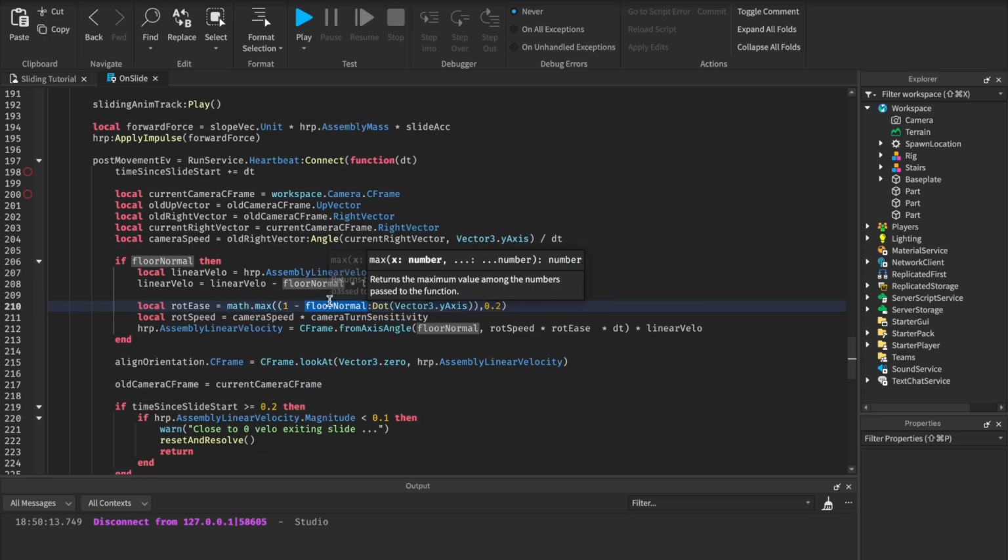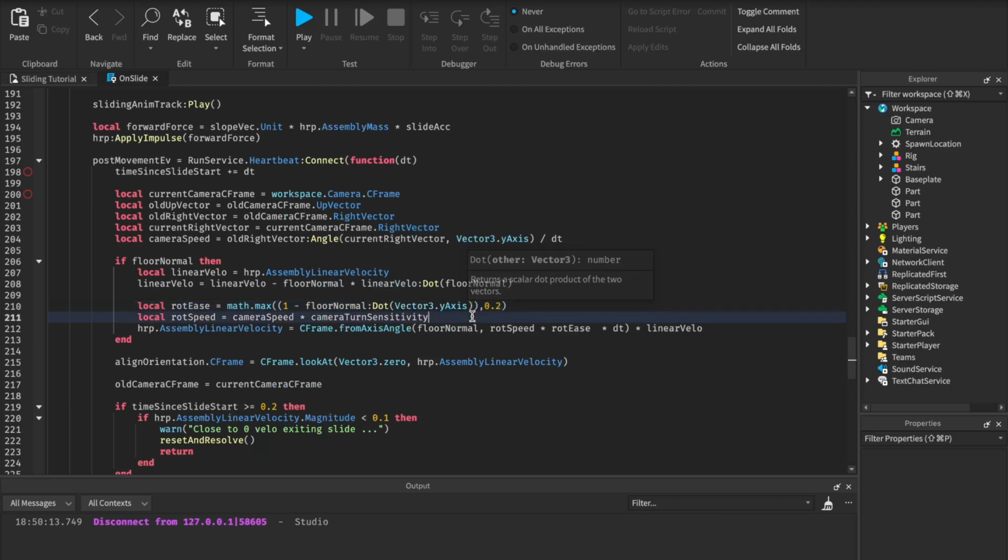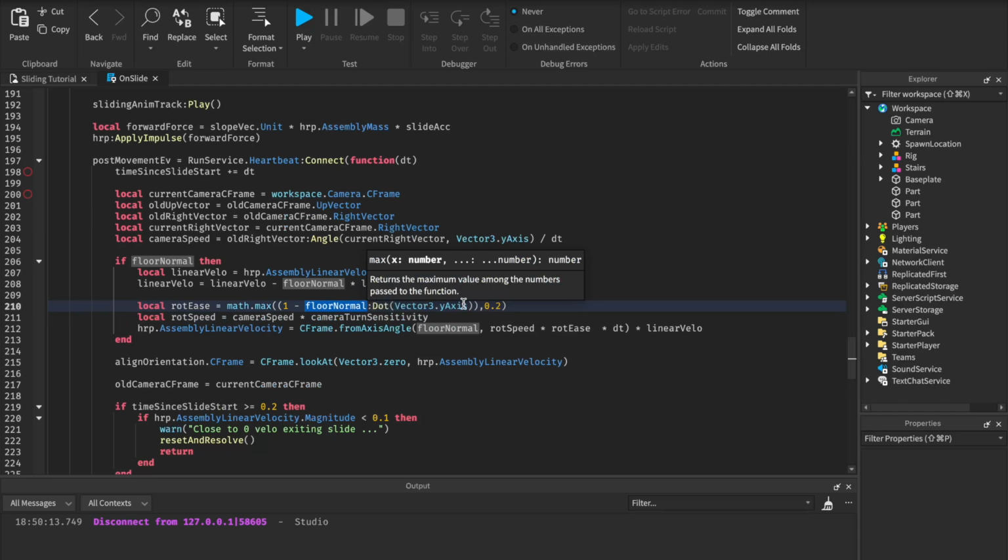So this is just a measure of how steep the slope is. Recall the floor normal is the vector that's perpendicular to the slope. We take the dot product of that against the y-axis, and that will tell us how flat the slope is.